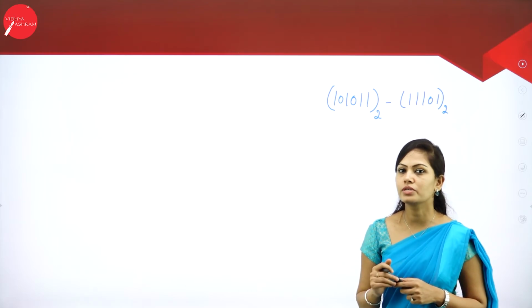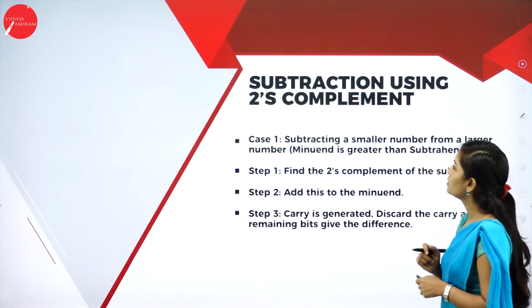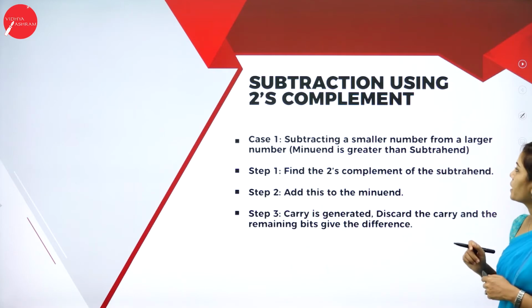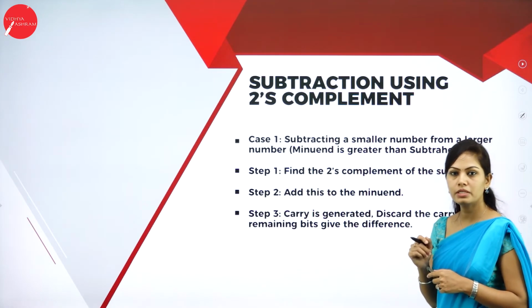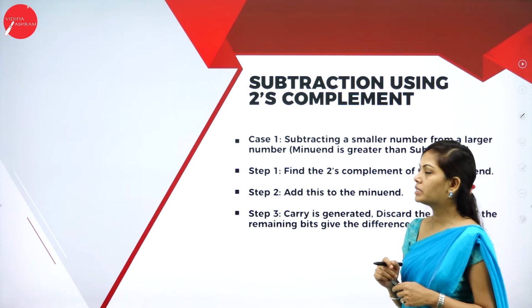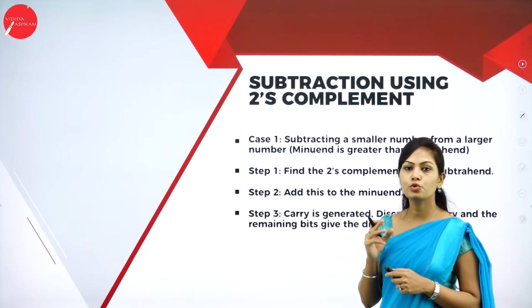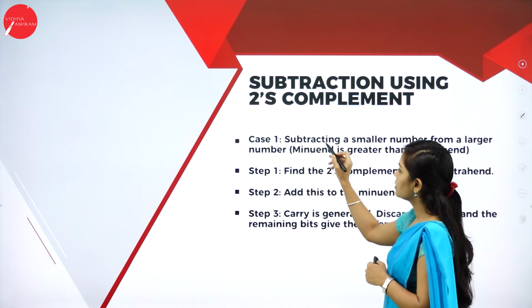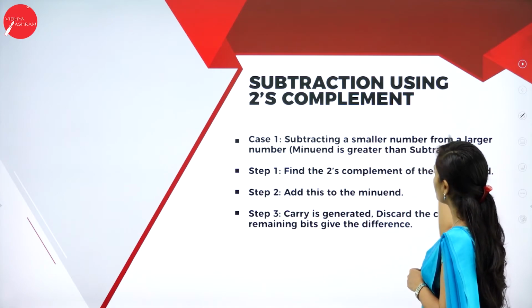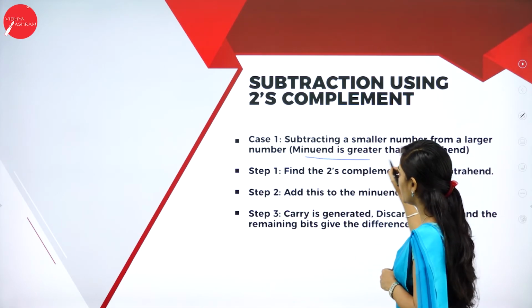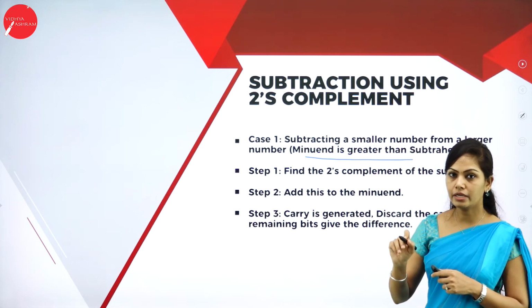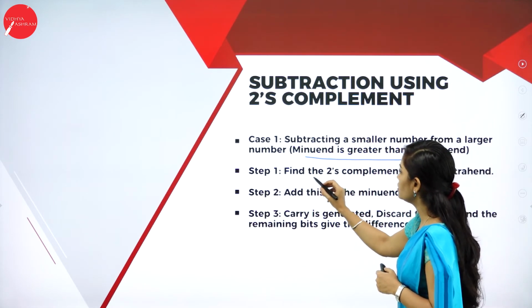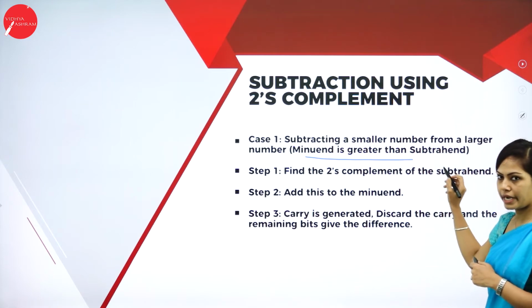Please practice this question. So next we have the second conversion, called subtraction using 2's complement method. Using the 2's complement method, how to subtract two binary numbers. So here case 1, subtracting a smaller number from a larger number, that is, minuend is greater than subtrahend. What we should do is find the 2's complement of the subtrahend.